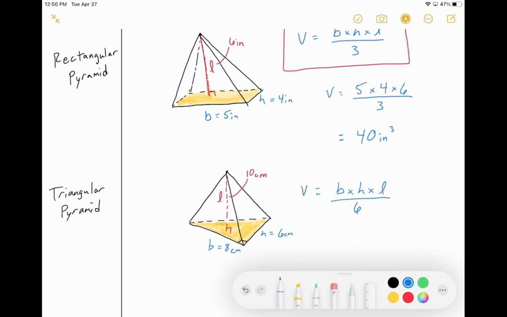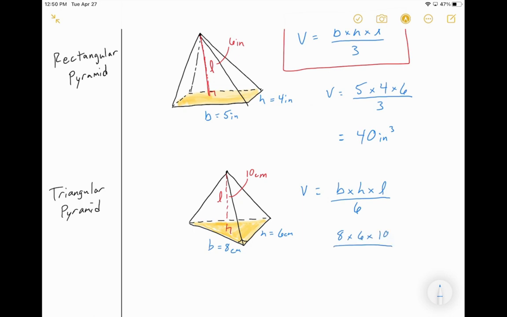All you have to do is say, okay, base, so 8 times 6 times 10, and divide it all by 6. And that is how you find the volume that you're looking for.